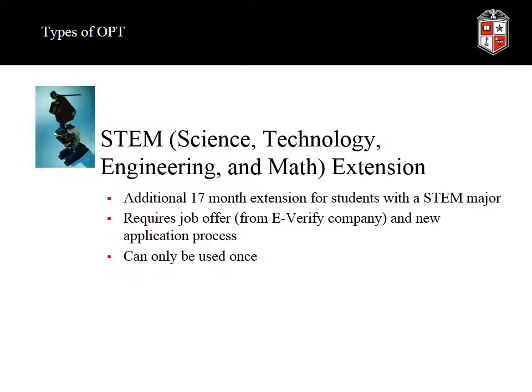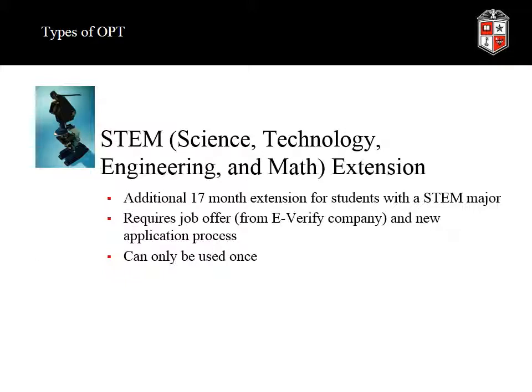This type of OPT can only be used once during your entire stay as an F1 student. Remember, if you are applying for the regular 12-month OPT, you are eligible to apply at the conclusion of each degree or program.